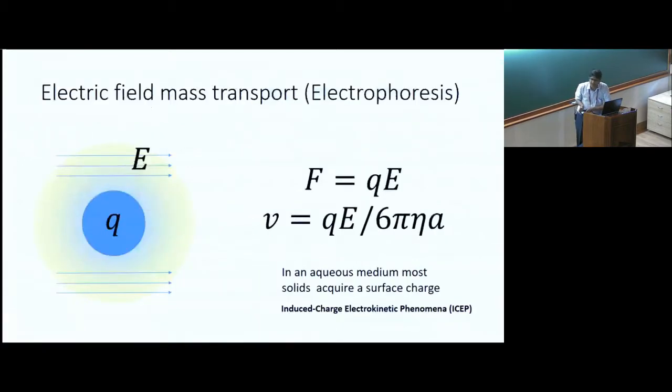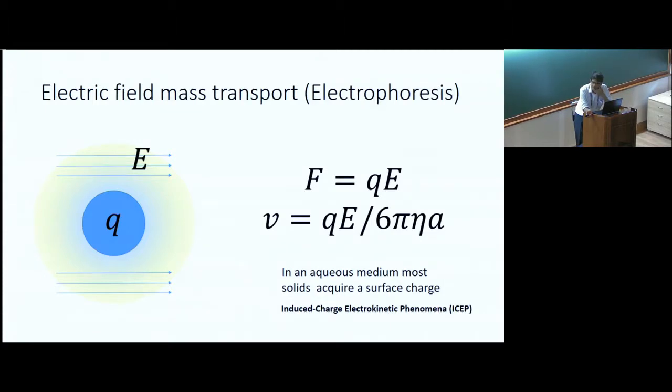So let's start with something which is simple. The idea is that if you have an object of, say, charge Q immersed in some fluid, you apply an electric field, and the force will depend upon the charge on the object, and this object is going to move with a velocity which depends upon the viscosity of the fluid.